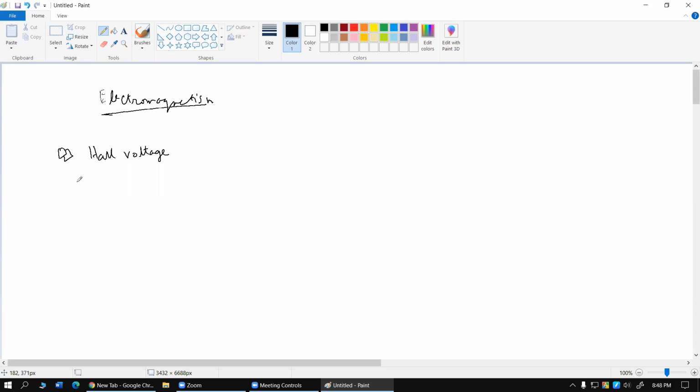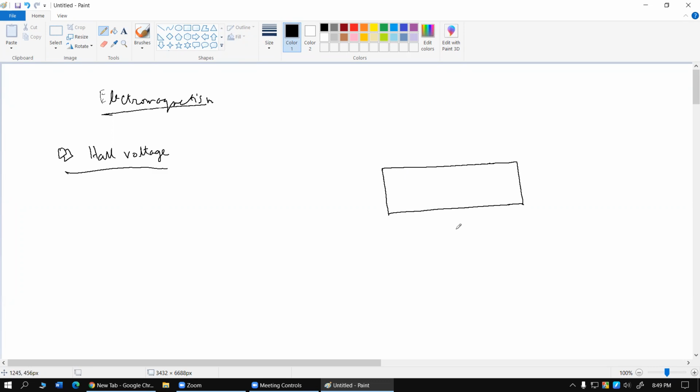So what is Hall voltage and how do we handle this? Let me draw the figure for you, and then we can slowly take it part by part. Let's say we have over here a metallic conductor, a rectangular metallic conductor.